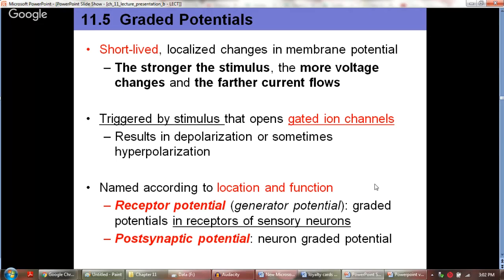It is triggered by a stimulus, which opens up the gated ion channels, and that results in depolarization or sometimes hyperpolarization. The graded potential can be named according to location and function. It could be of two types: receptor potential, which is the graded potential in the receptors of the sensory neurons, and postsynaptic potential, the neuron graded potential.